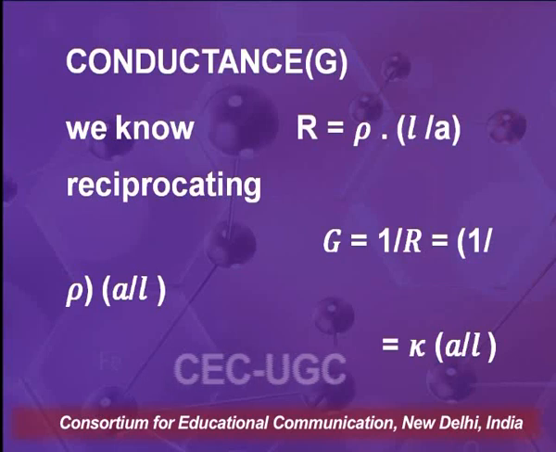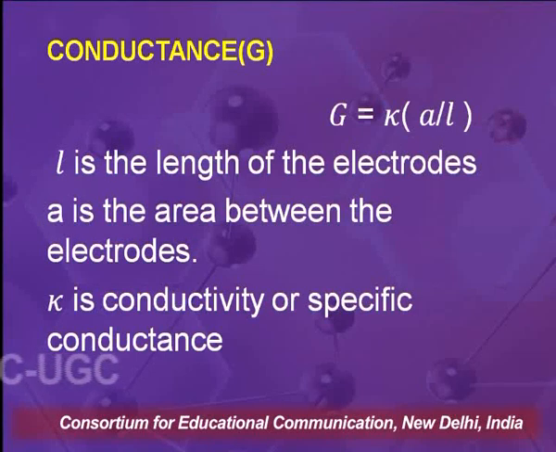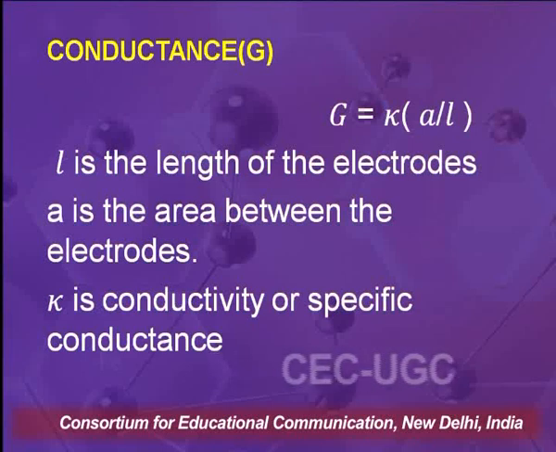So we get G is equal to kappa into A by L, where L is the length between the electrodes, A is the area of the electrodes, and kappa is conductivity or specific conductance.